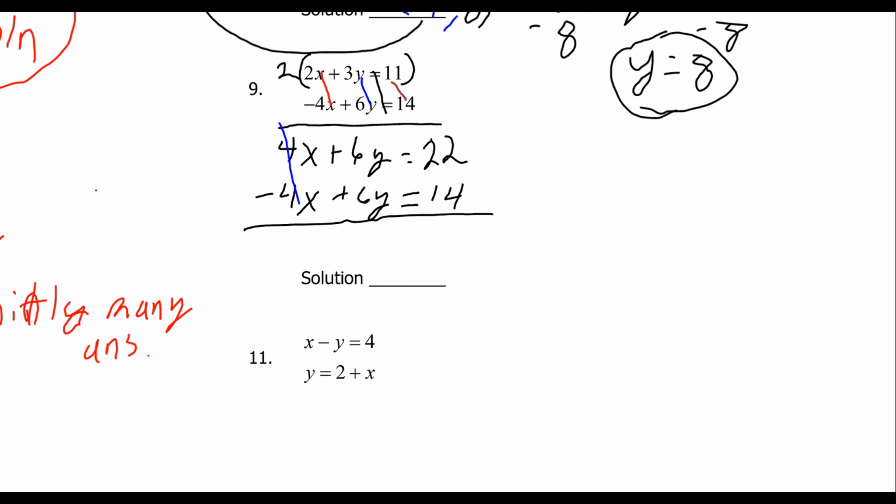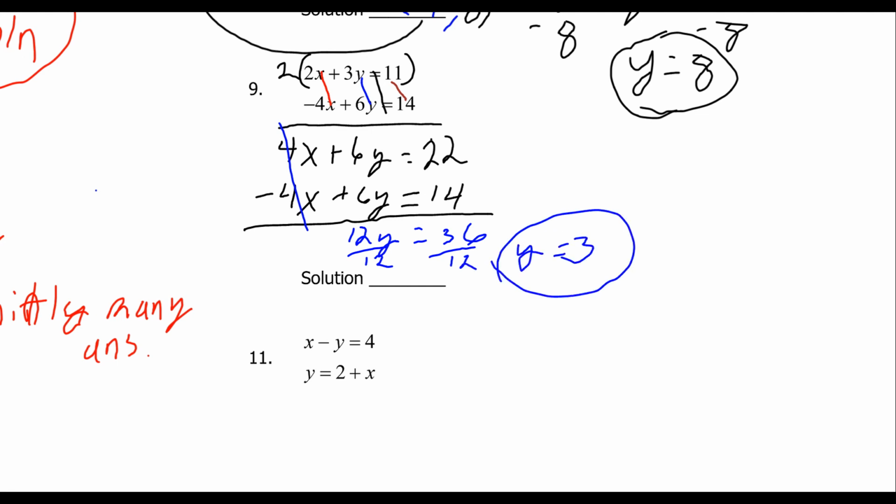Okay, now this is something that we can work with. We can see that these 4x's cancel, and what we're left with is 12y equals 36. We divide each side by 12, and we're left with y equals 3. Now, I know that I'm writing it below it. Get over it. So we got y equals 3. We take it and plug it back in right there.